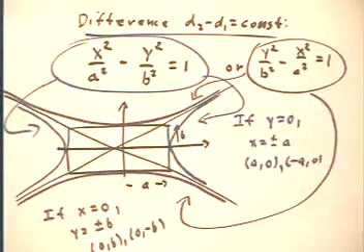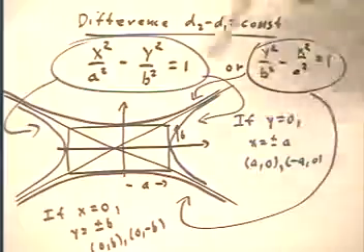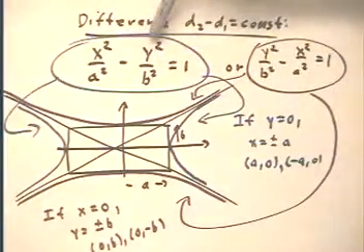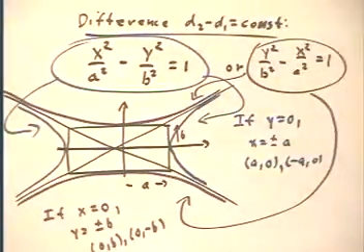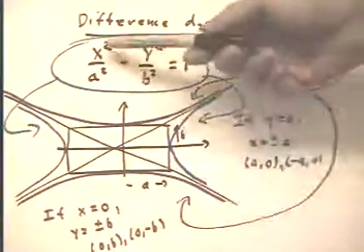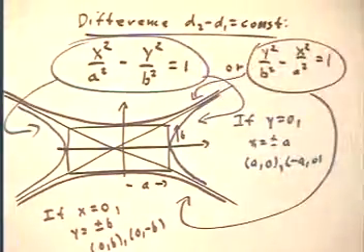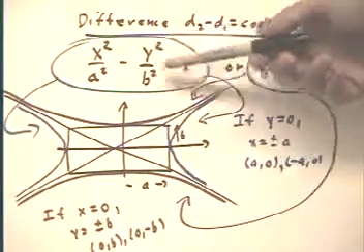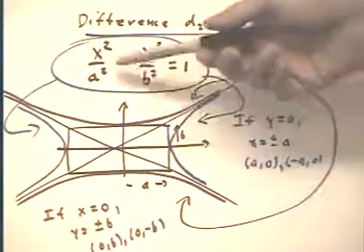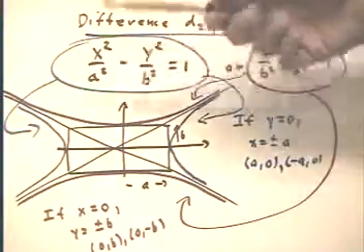Now how do you tell which is which? Let's think about it for a minute. If you've got x squared over a squared minus y squared over b squared equals 1, let's ask, is it possible for x to equal 0? Well, if x is 0, then this term is 0, and we have negative y squared over b squared equals 1. Y squared is positive, b squared is positive, so this thing is negative because of the negative sign.